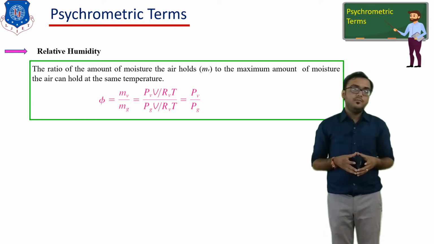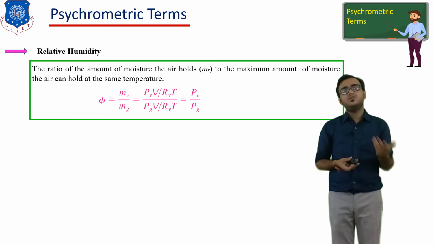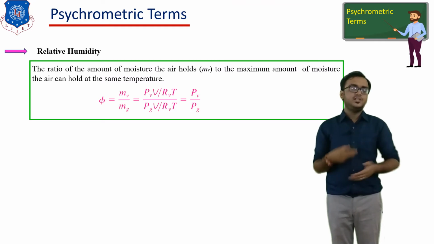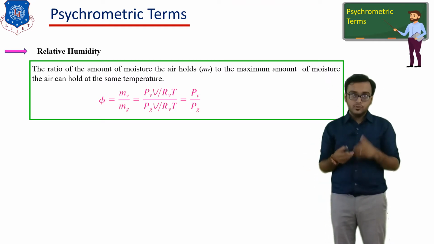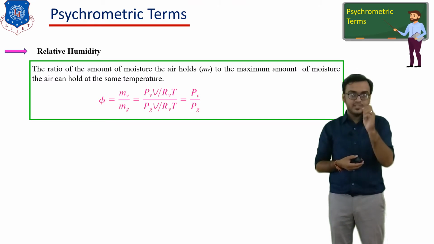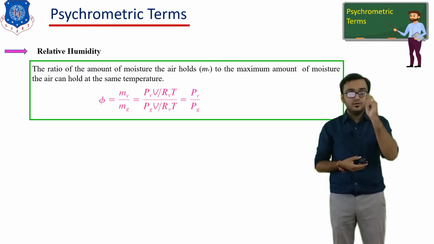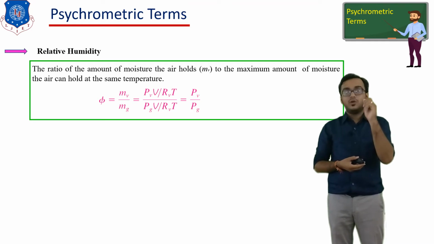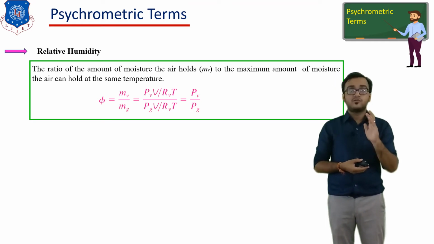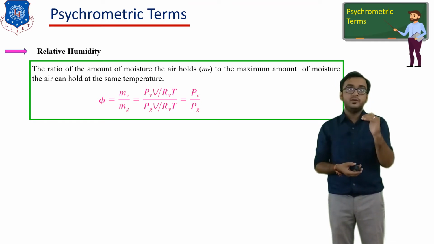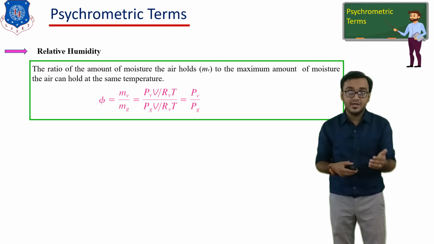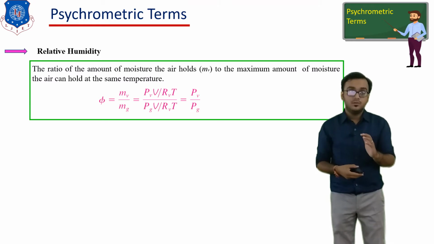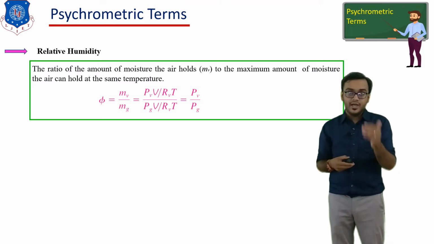Now one may have a question: why do we need to define relative humidity, and what is the difference between specific humidity and relative humidity? Specific humidity indicates the amount of water vapor present per kg of dry air, while relative humidity indicates the percentage of humidity present in the air with respect to the maximum humidity that air can handle.